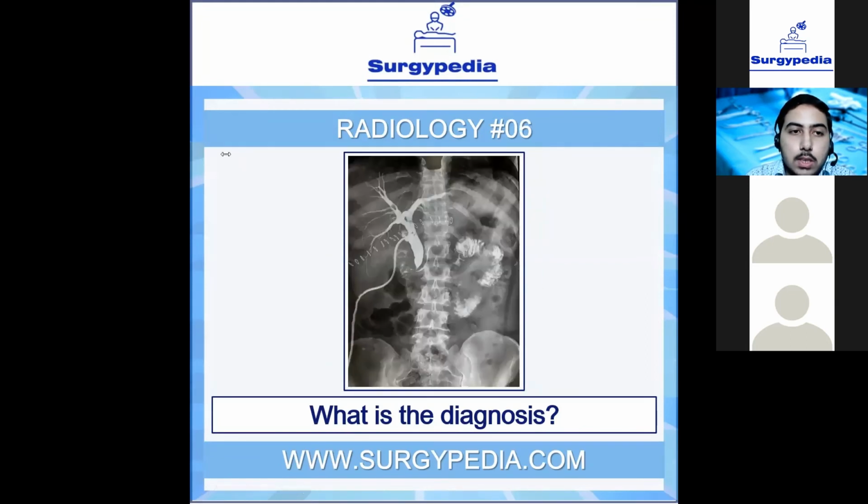So what is this and what is the diagnosis? Identify what this is. You don't need to, as such, talk about the diagnosis. Identify what it is. Okay, so we got one correct answer. This is a T-tube cholangiogram. So this is the T-tube. We have discussed it extensively in our video on radiology.